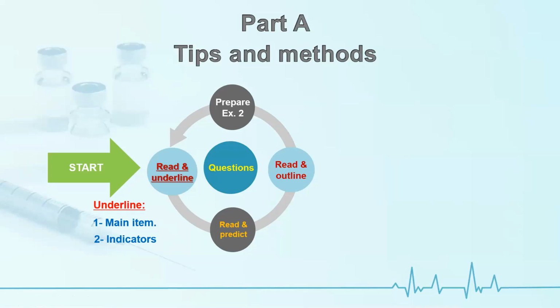Then you have to read and predict the correct answer or the correct word, which might be a noun or a verb or an adjective. Then read and outline the general idea.